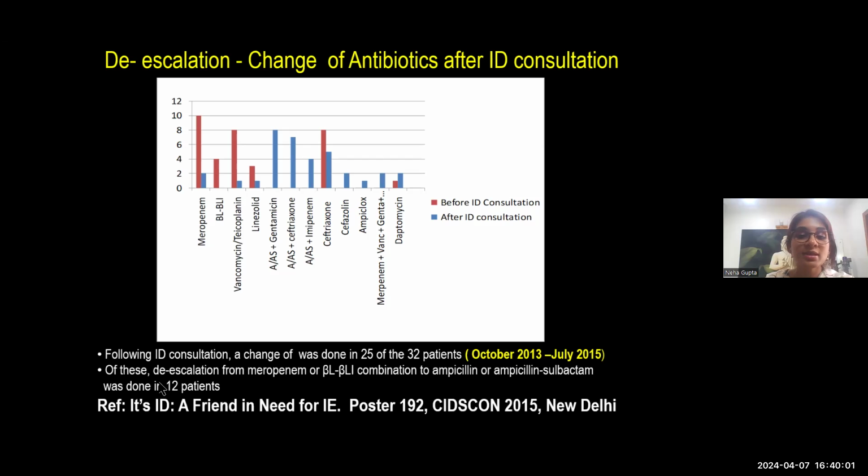Of these, de-escalation was performed from meropenem as well as a BL-BLI combination to narrow spectrum ampicillin and the third generation cephalosporins. So this is how we have to know the syndrome and then choose our antibiotics accordingly.